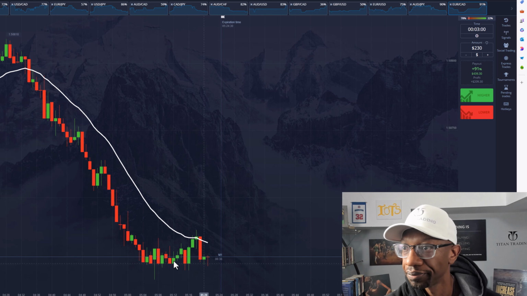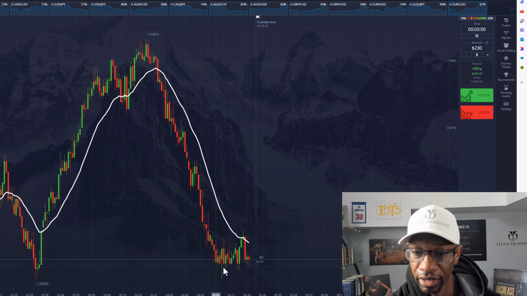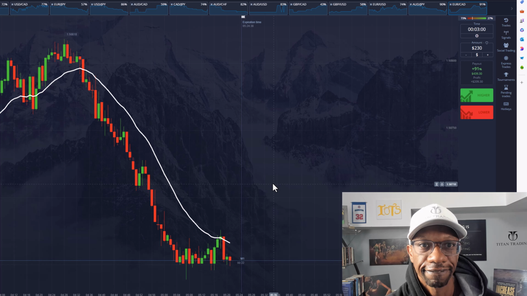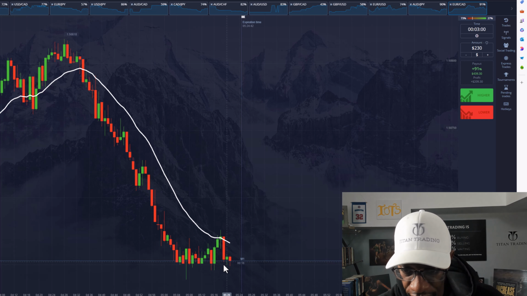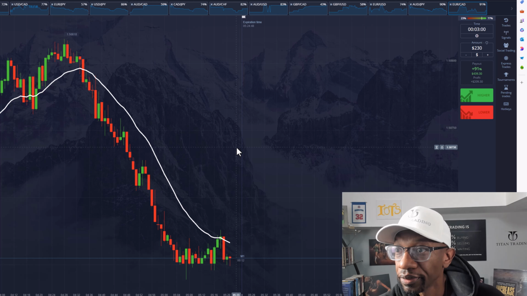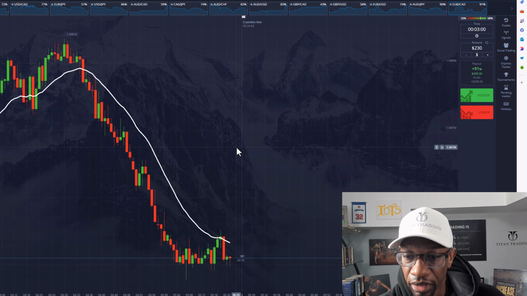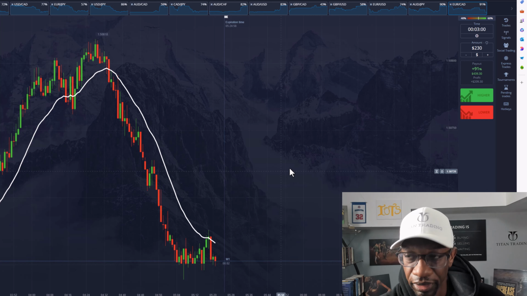Is the problem. We're going right into the lows. I would actually need to see this break lower here. That's a little bit too risky. This is the bottom. Can't do it.